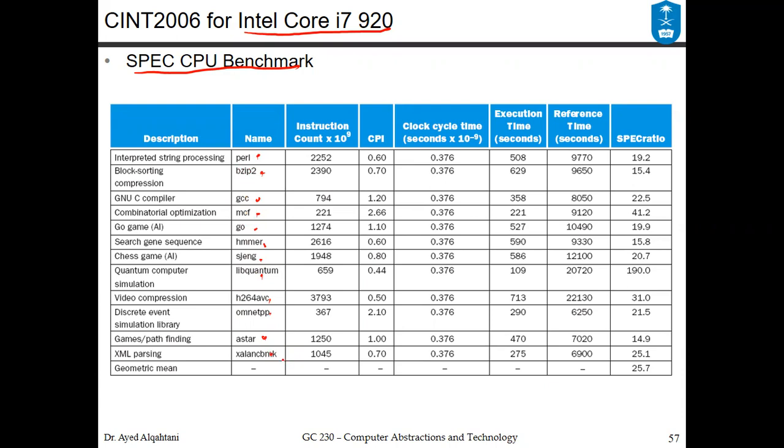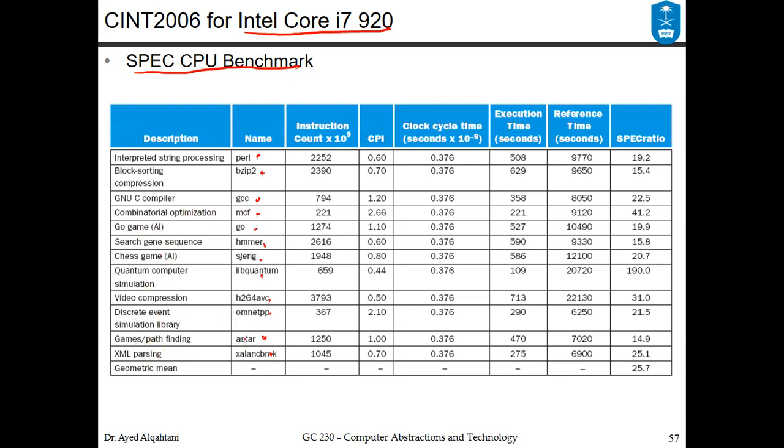So we focused only on the integer. And notice that one of them is interpreted string processing, another is related to compression, one is a compiler, a combinatorial optimizer, a game, a search program, something related to artificial intelligence, a chess game, quantum computer simulation, video decompression, discrete event simulator, path finding, and parsing an XML file.